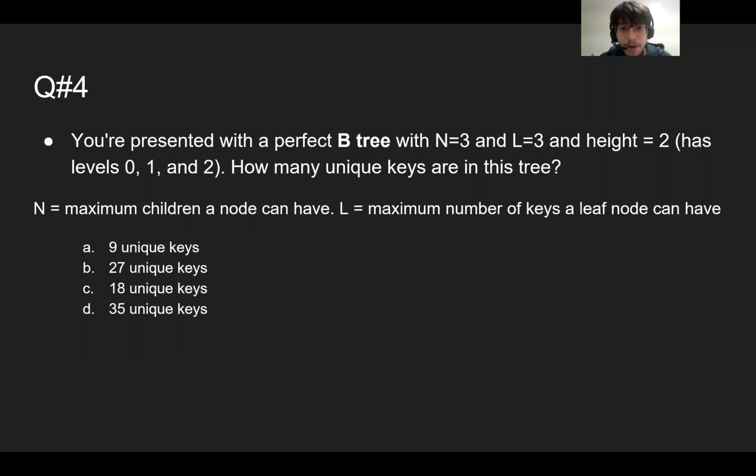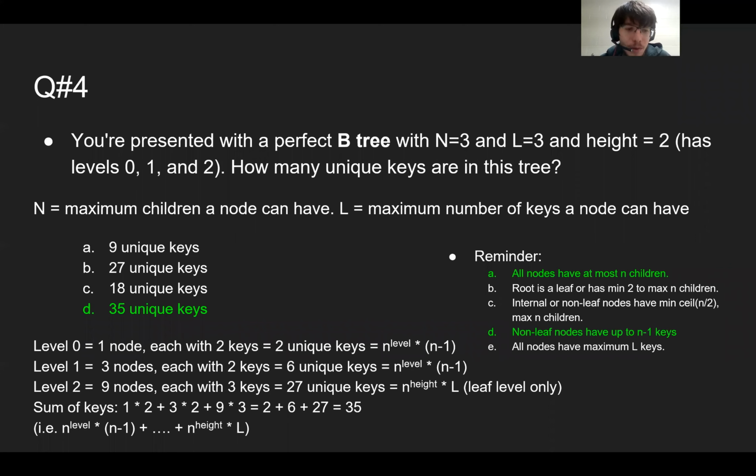Okay. And now we see the reason why. Level 0, there's 1 node with 2 keys. Level 1, there's 3 nodes, each with 2 keys. So that's 6. And then at the leaves, you have 3 by 3 by 3. So that's 27.